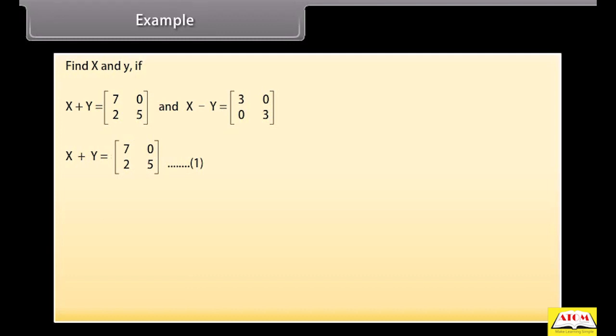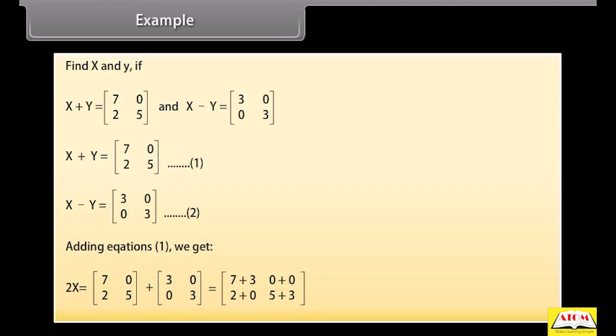Given X plus Y and X minus Y, mark them as 1 and 2. Now add the equations 1 and 2, we get 2X is equal to the matrix, first row 10 0, second row 2 8. Therefore, X is equal to the matrix, first row 5 0, second row 1 4.